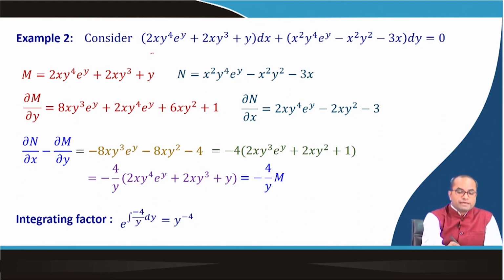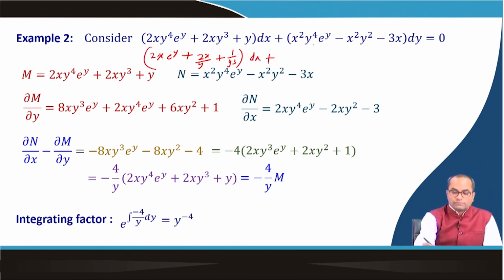So, here we will have then 2x e^y, here also we have multiplied by 1/y^4. So, we have 2x/y, and here 1/y^3, and then here we have dx, plus here also we will multiply.